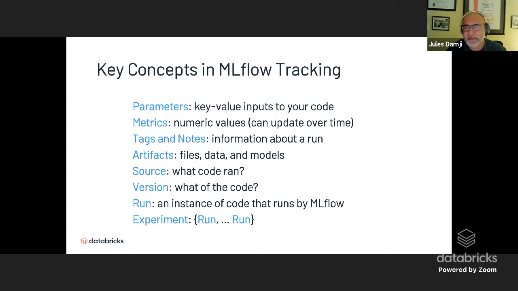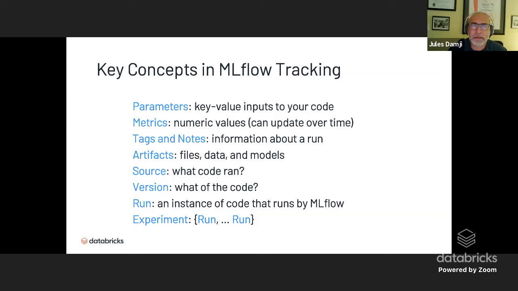What are some of the entities that we actually track? In the parlance of machine learning or data science, parameters are an important part of tracking. You want to have parameters that you supply as input to the model that create a particular model. Parameters could be your learning rate.